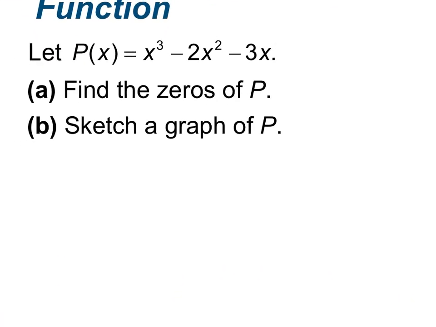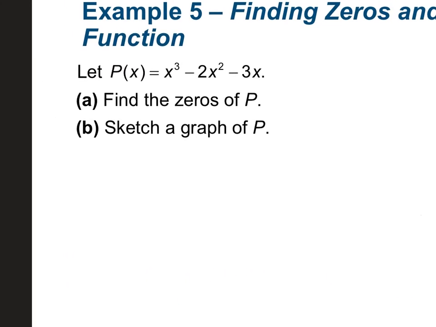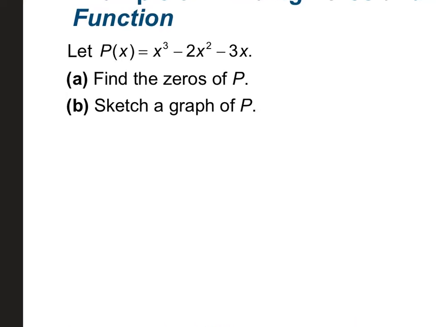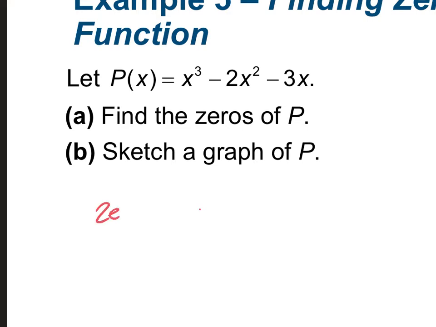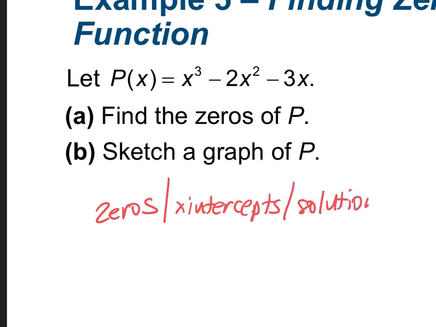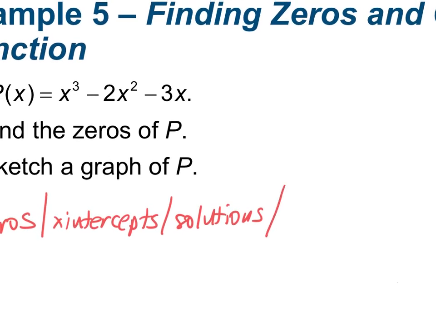All right. This says find the zeros, sketch the graph. Okay, this is the last one we're going to do. Well, maybe not. So the first thing I'm going to do is the zeros. Same as x-intercepts. Same as solutions. Same as what?